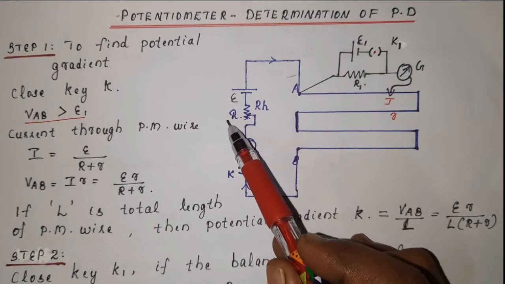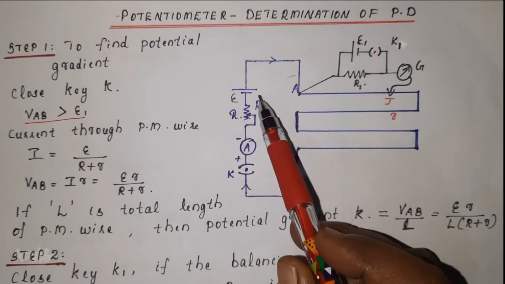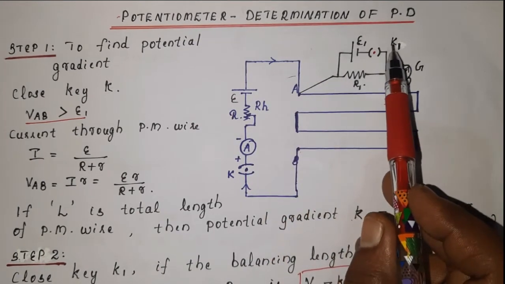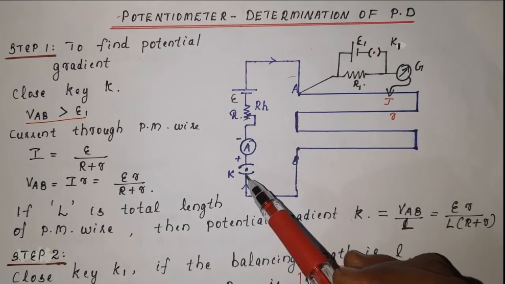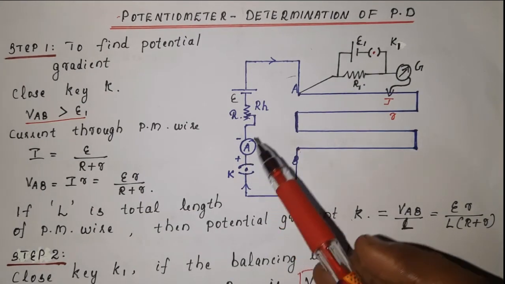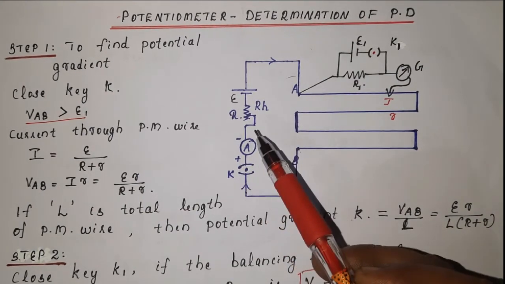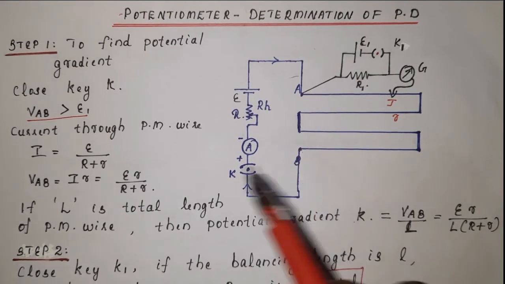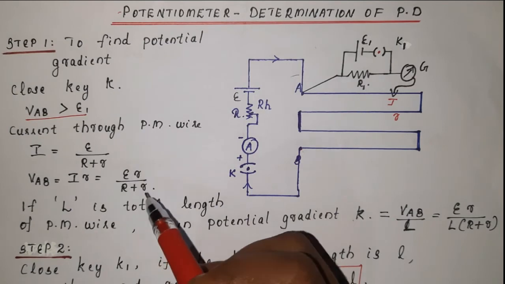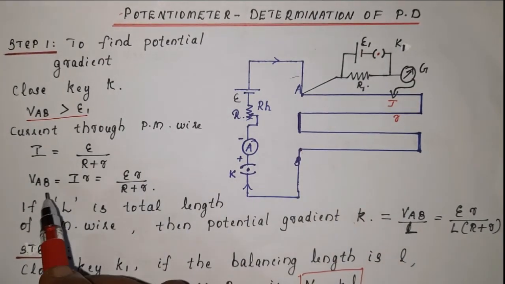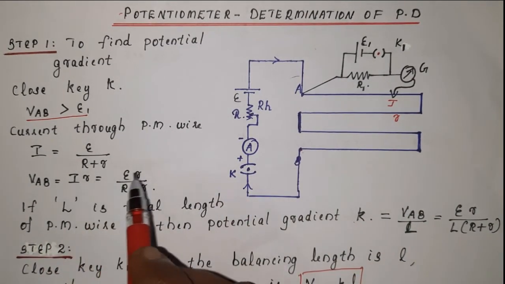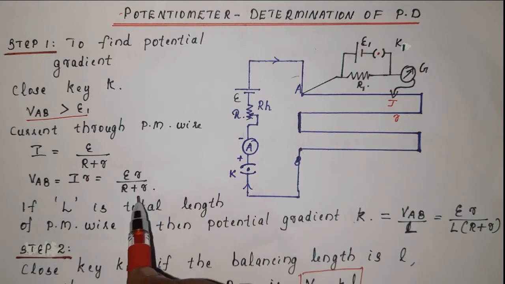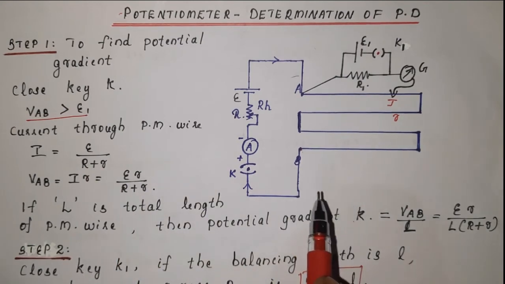So without closing key K1, keeping the key K closed, we can find the current through the potentiometer wire, I equal to epsilon divided by R plus r. Therefore, VAB will be equal to I into r, that is epsilon r divided by R plus r.